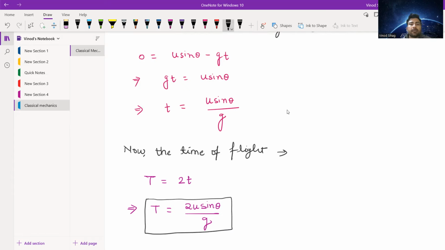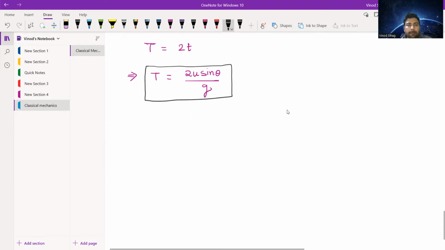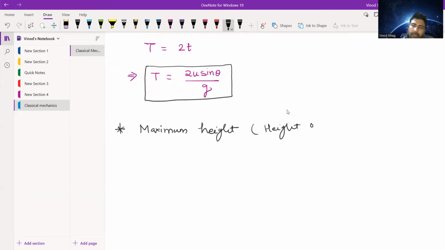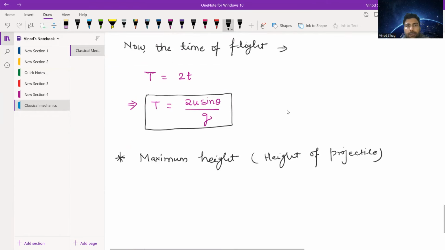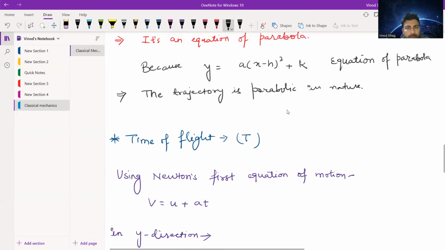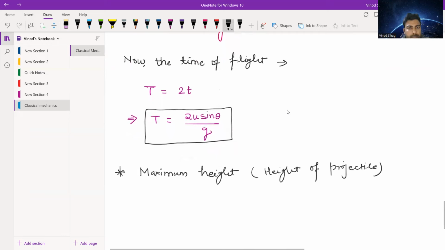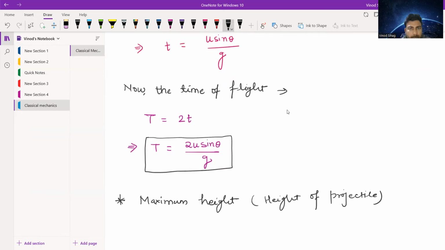Now our next topic is maximum height, sometimes written as height of projectile.